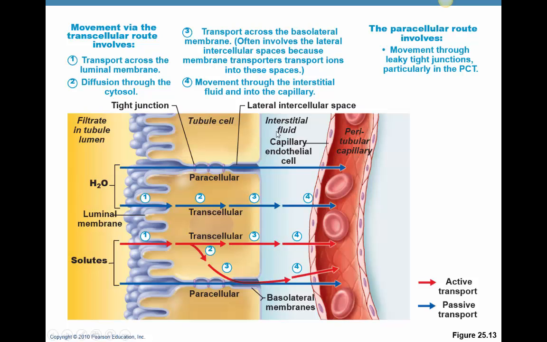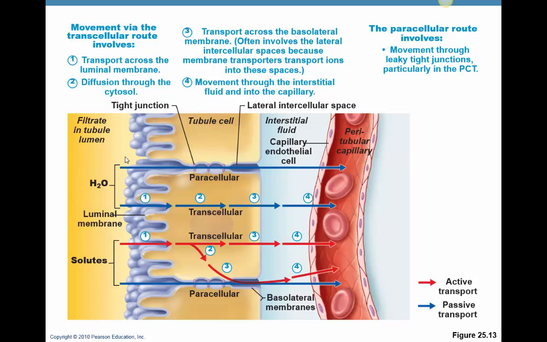So a couple of things that it's important to know. When we look at the movement of electrolytes, sodium is number one. So 80% of the ATP energy to move electrolytes in the proximal convoluted tubule is involved simply with sodium transport. So sodium transport is key here.